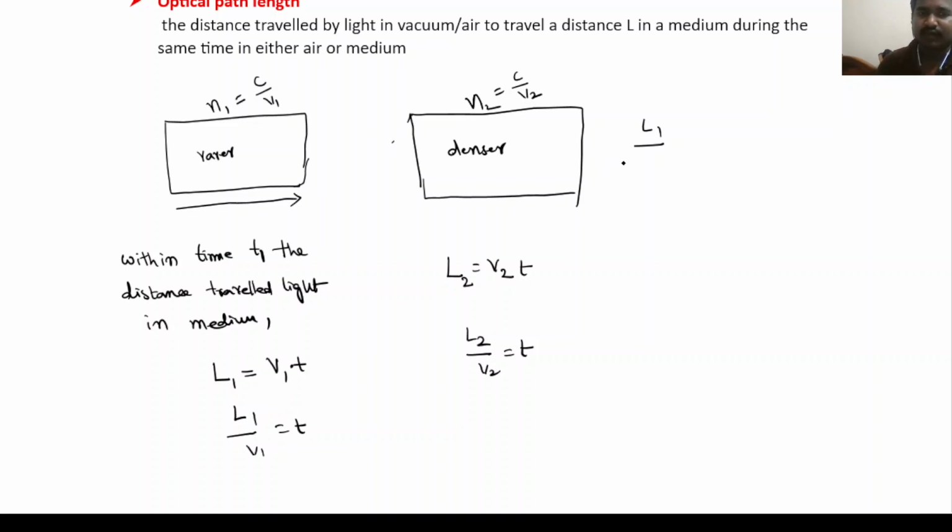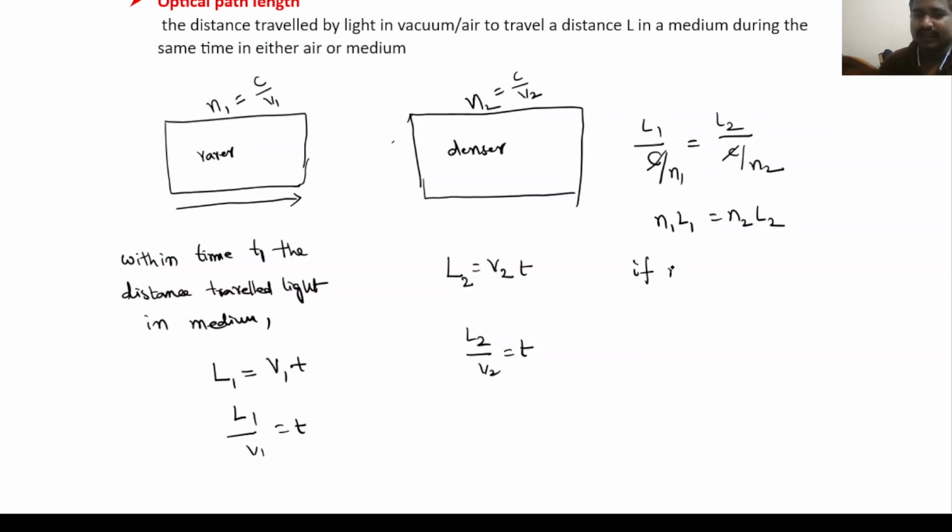Therefore, V1 is C upon N1, and that must equal L2, the length traveled within time t, divided by C upon N2. Therefore, C and C get cancelled. So N1 times L1 must equal N2 times L2.